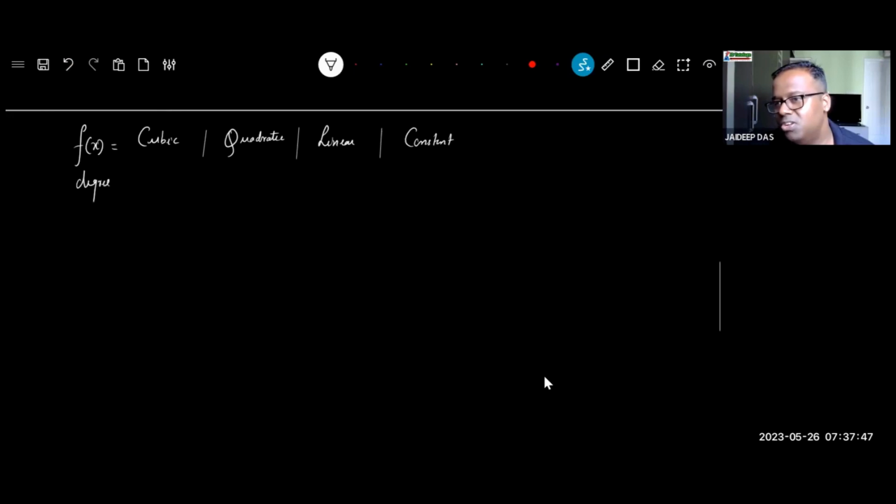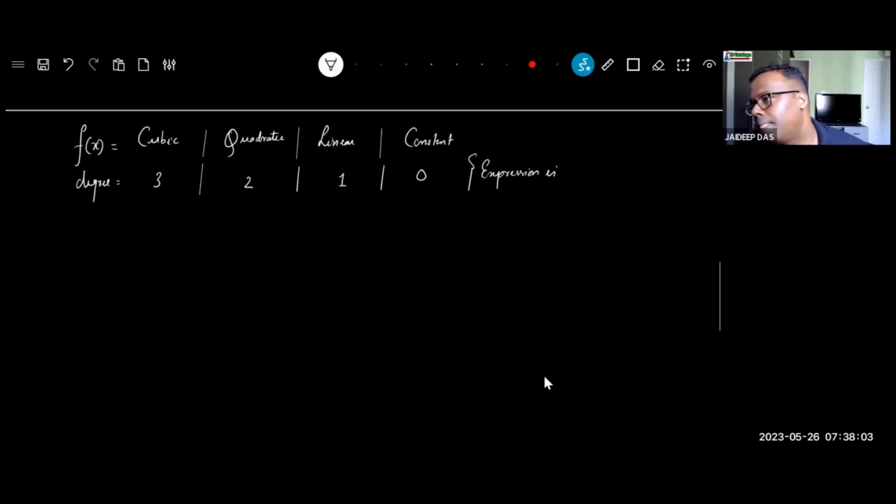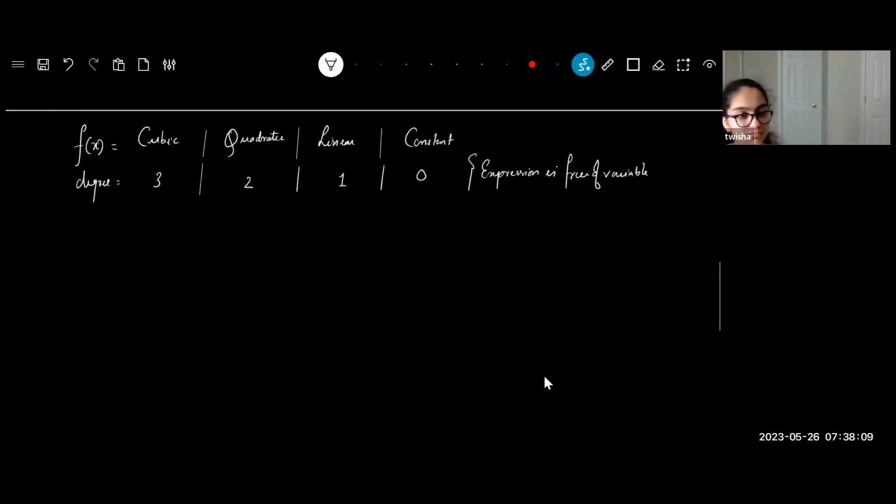That's why polynomials are very important. Degree 3, degree 2, degree 1, degree 0. And by the time you come here, your expression is free of x, free of variable. Constant means free of variable.